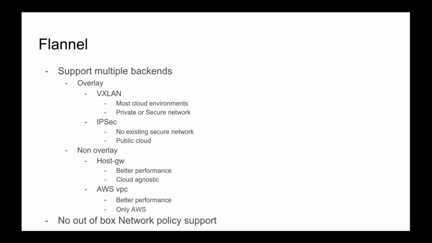So that's the overhead. Whereas in non-overlay options, you would have the pods talking to each other without any overlay. That means they're directly routable or directly connected. This kind of requires a special setup, so it would not be available on all the cloud providers.